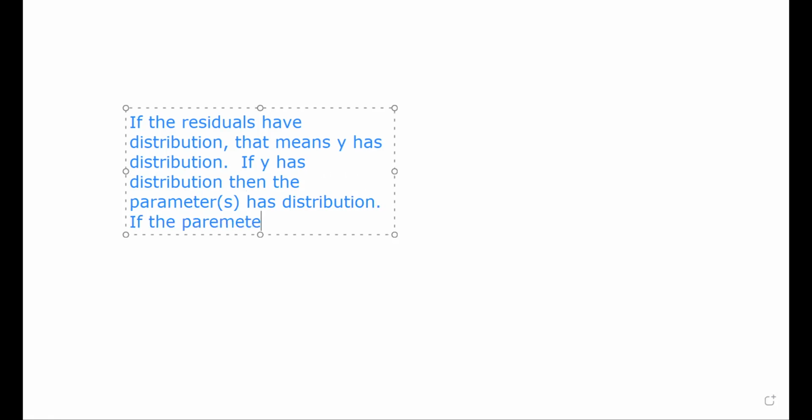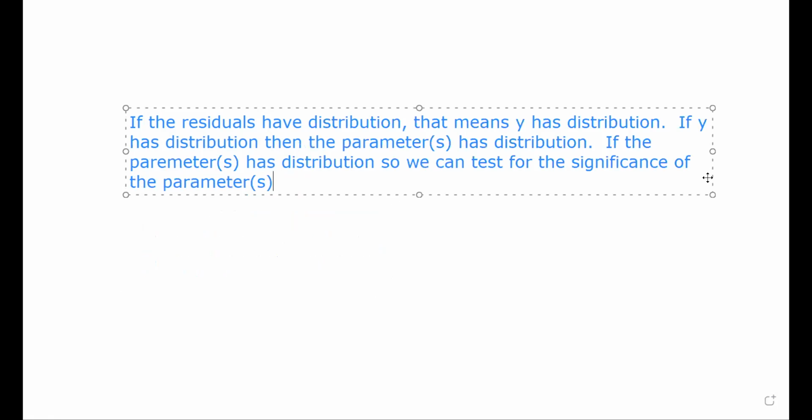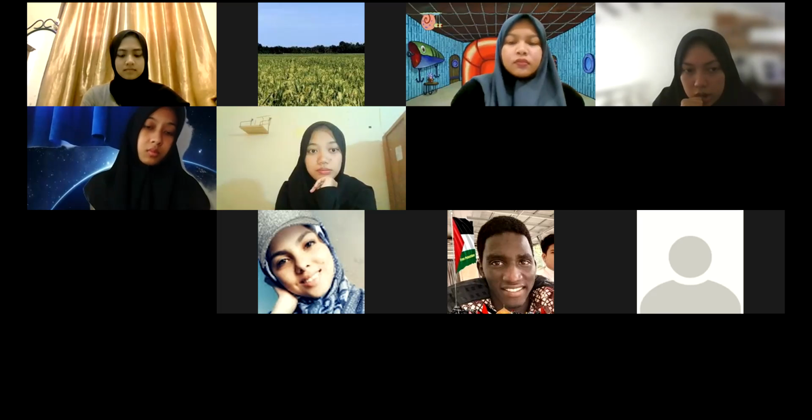If the parameters have a distribution, we can test for significance. So if the residuals have distributions, Y also has distributions, and the parameter has a distribution.